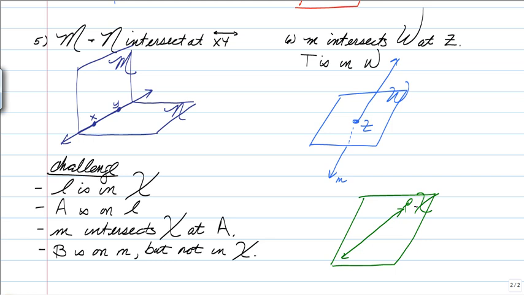A is on L. So there's our A. Then we have line M intersecting X at A. So now we have a line whose name is M, which intersects the plane at A. And the last, B, is on M, but it's not in plane X. So then you just have to put point B. Now, if you got anything close to that, you're doing phenomenal for your first video of taking notes.